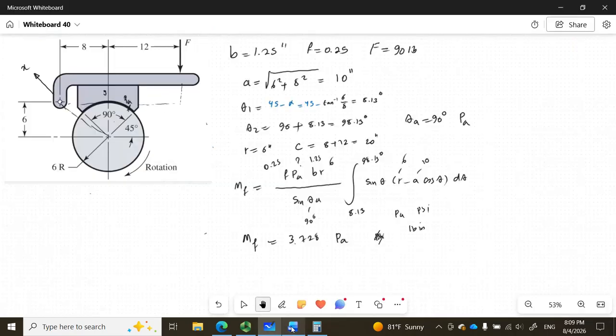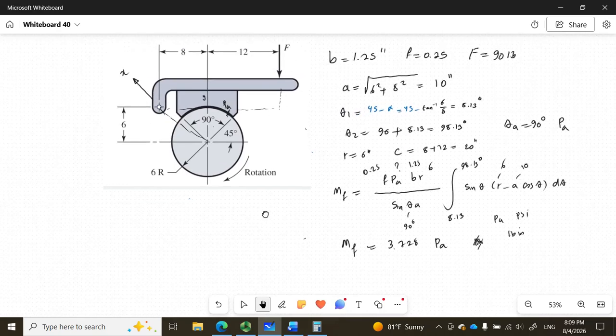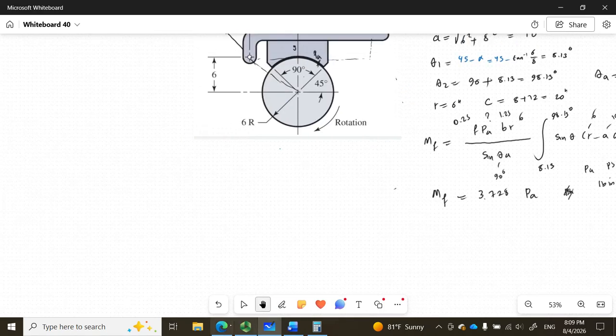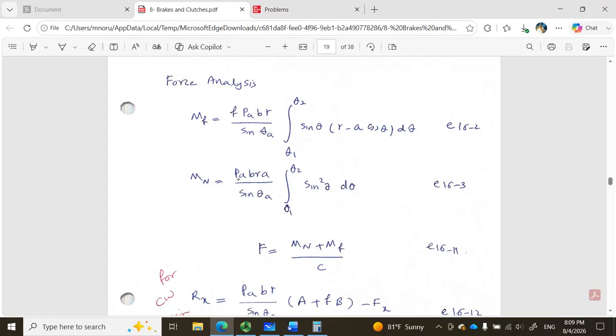3.728 PA, pound inch. Okay, so we also need to figure out the moment caused by the normal force. So let me write that formula too. Let's see if I can remember this.